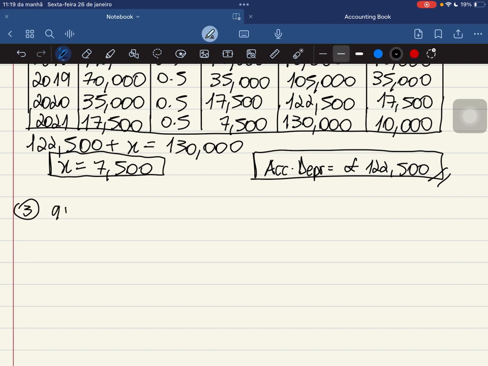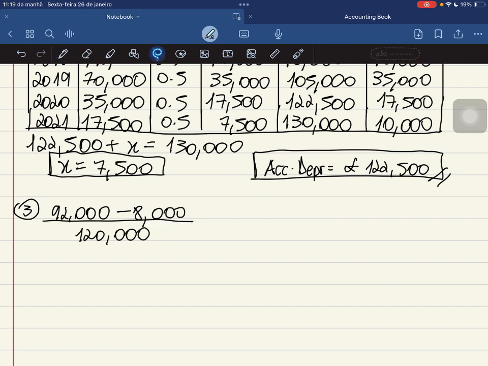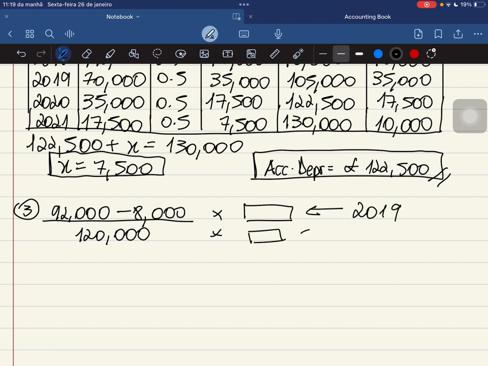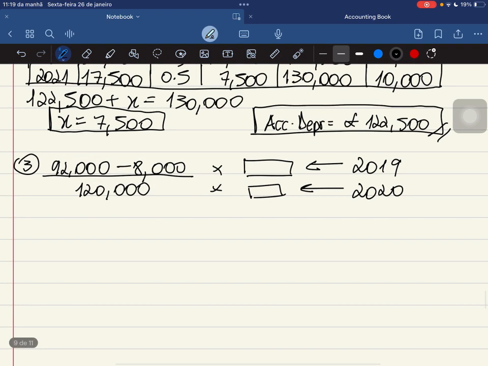So we're going to have 92,000 minus 8 divided by 120. And this number is going to be multiplied by whatever amount was used in 2019 and 2020, because they're asking until December 31st of 2020.